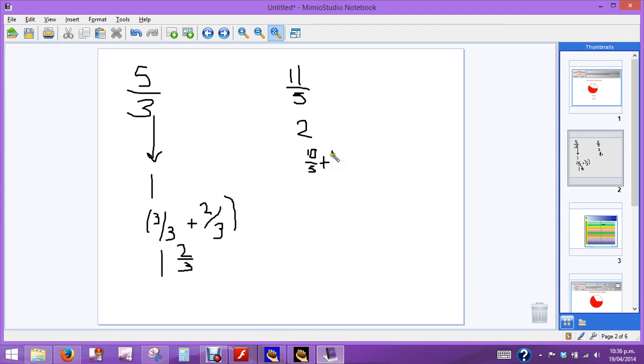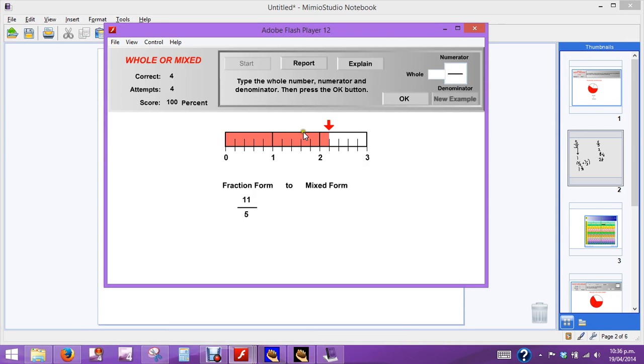I've got 10/5 and 1/5, which is 2, this bit along here, the whole part, and 1/5. 2 1/5. So back we go. I've got 2 and 1/5, and I can see it there using my diagram. That helps me to see it.